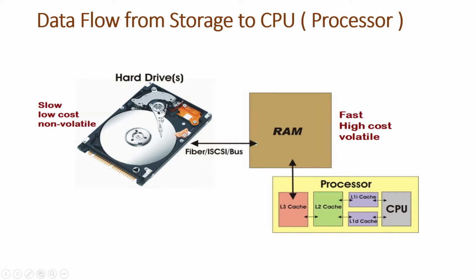So to process any file, whether it's a PDF, XLS, or text file, it should be present in RAM. So the size of RAM becomes important here. The size of RAM, I believe, must be greater than the size of the file. Else what will happen? Your system may freeze or collapse.